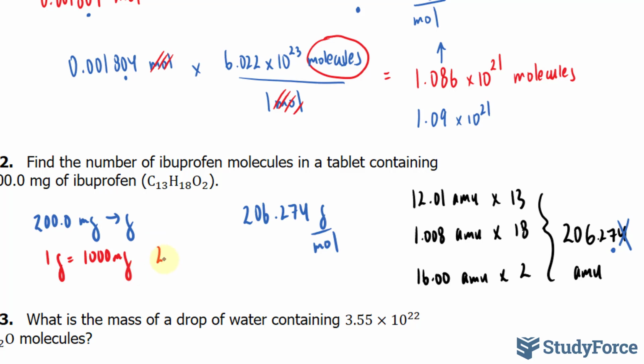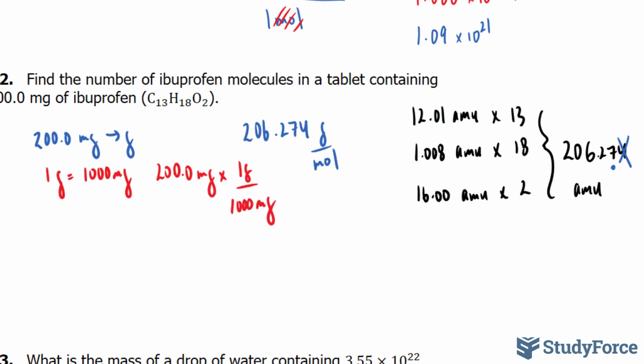So taking 200.0 milligrams and multiplying it by 1 gram over 1,000 milligrams gets us, and notice that this milligram unit and this milligram unit cancel out, we end up with 0.2000, where all 4 of these numbers are significant.